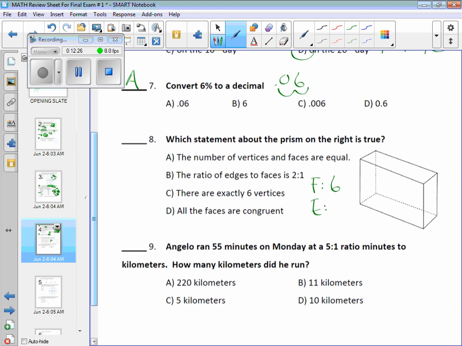Now with edges, if you don't remember the formula, on your paper, as you count it, bold it or color it in, I guess.